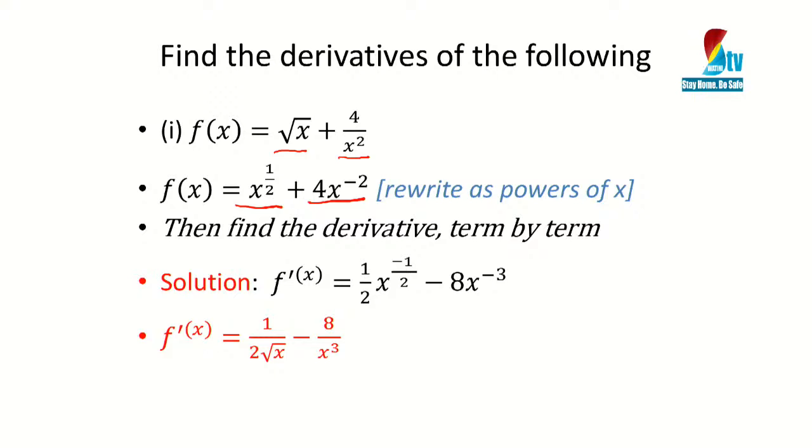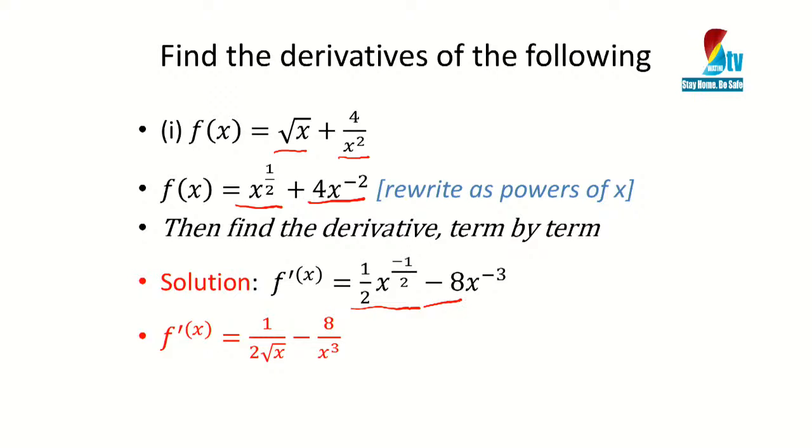So we proceed in the way in which we are differentiating. We said we multiply by the index and then we subtract 1. So it's going to be a half x raised to the power negative a half minus, multiply there, it's going to be minus 8. So minus 2 times positive 4 will give you minus 8.